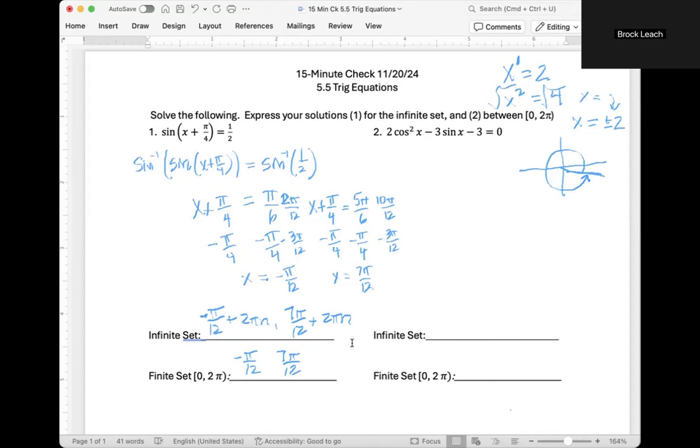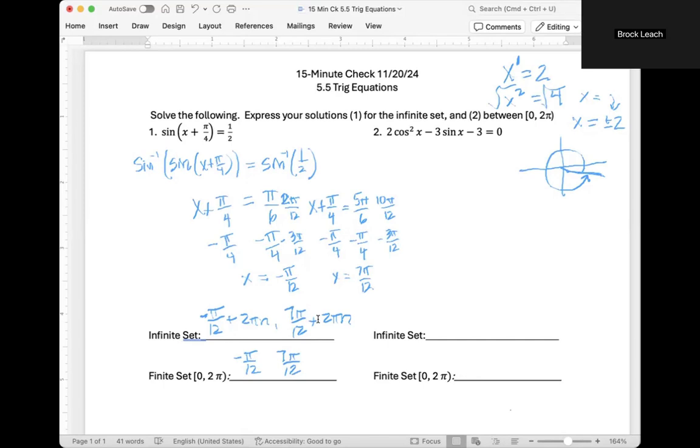But here we're talking about all of the angles within the system. Negative pi over 12 actually is in the fourth quadrant, 7 pi over 12 is in the second. But regardless, we have to find all of the solutions, and there is another angle, 5 pi over 6, which is in the second quadrant, which also gives us positive 1/2.